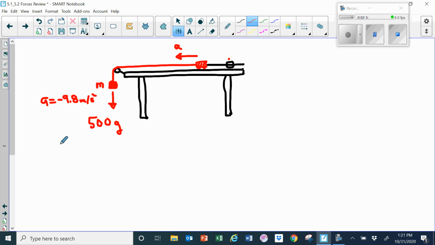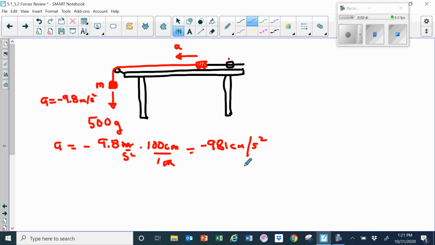The acceleration of gravity we normally use is minus 9.8 meters per second squared. We know that there are 100 centimeters in 1 meter, so we can cancel out the meters, and if we multiply this through, this is going to be minus 981 centimeters per second squared. That would be the acceleration due to gravity.